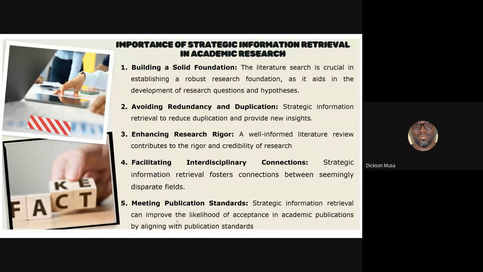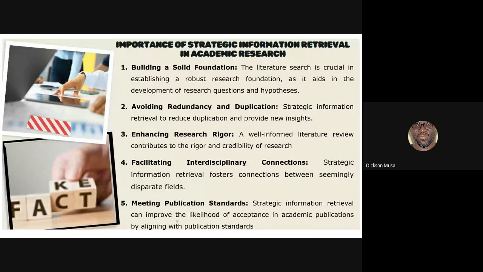AI tools help to facilitate these interdisciplinary connections. It does this better than any human can, because it's able to go through a lot of data at the same time and find the connections, what will take humans several hours to do.